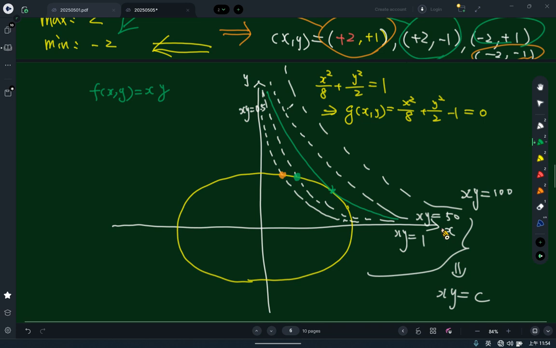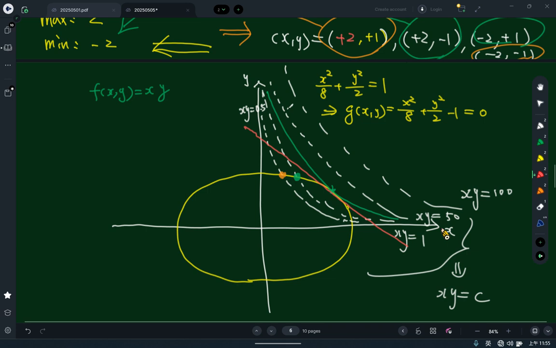They share the same tangent. This will be the extreme case, right? If the green line just shares the same tangent line with the yellow ellipse, their gradient vectors will be parallel.